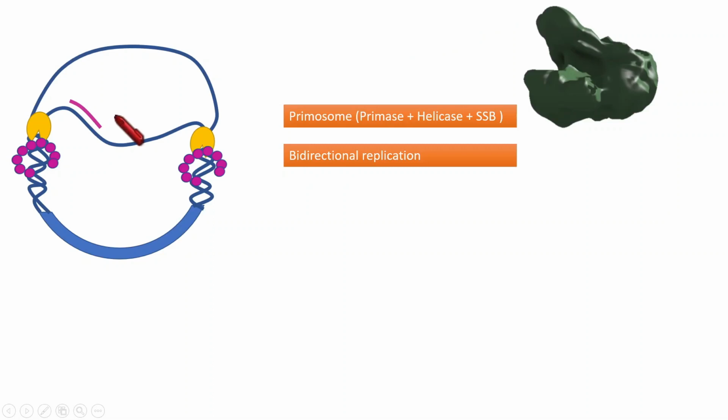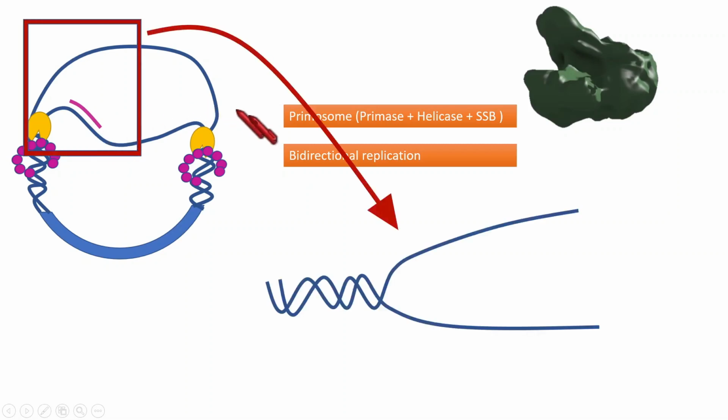Okay. Next, I am going to take only this portion separately to describe some basic things regarding DNA replication. So, I have shown that portion separately here, and look in this region. We know that in the case of prokaryotes, there is only one origin of replication, and its position is somewhere here.